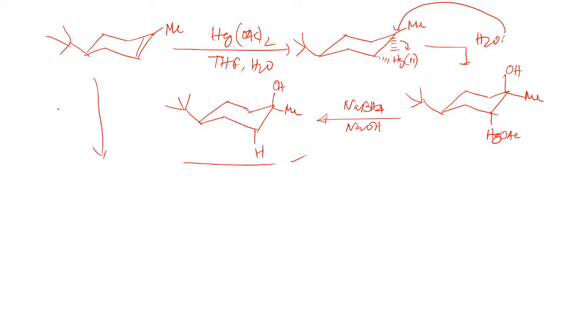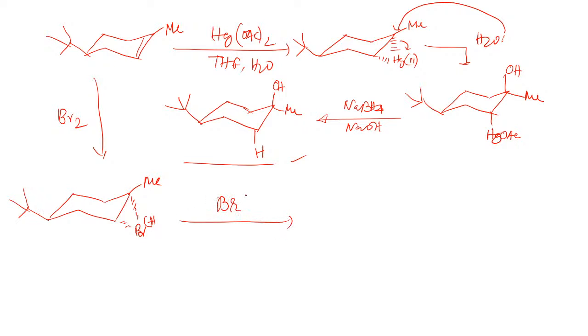Now I was telling about the bromination. So if you add bromine, what will happen? This bromonium ion will form, and then Br minus attacks. This is called the diaxial.